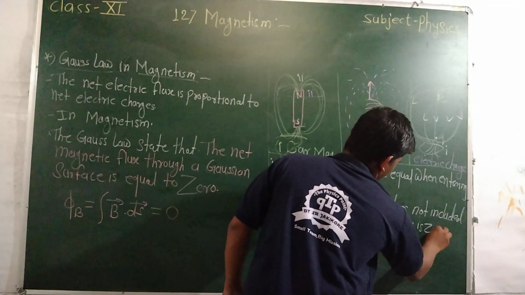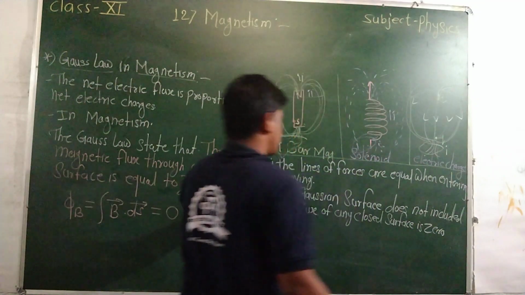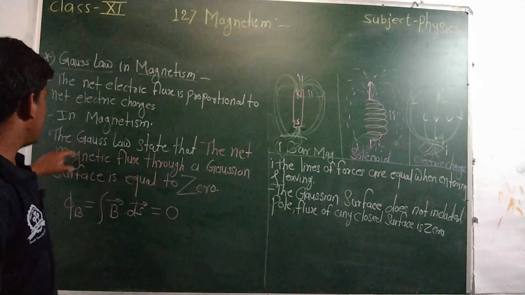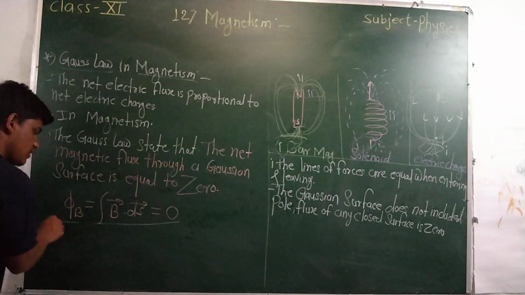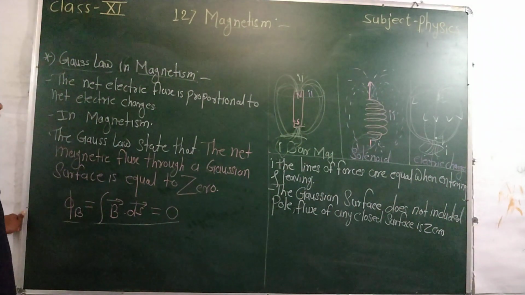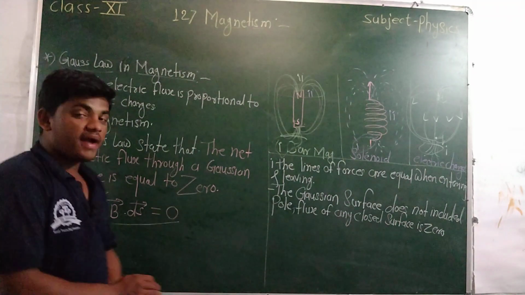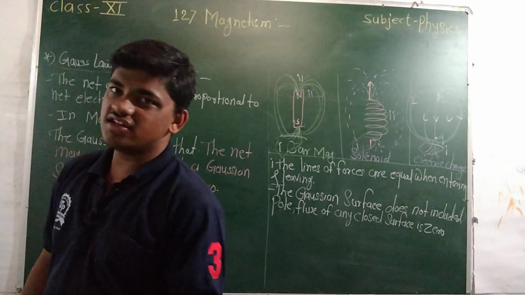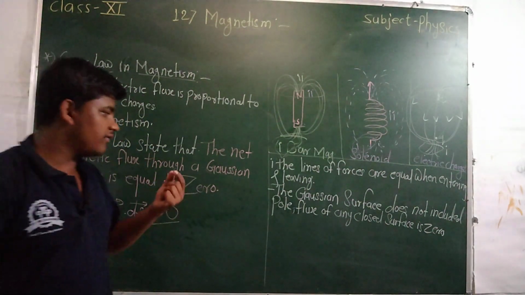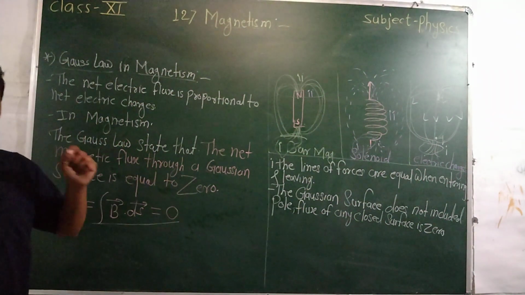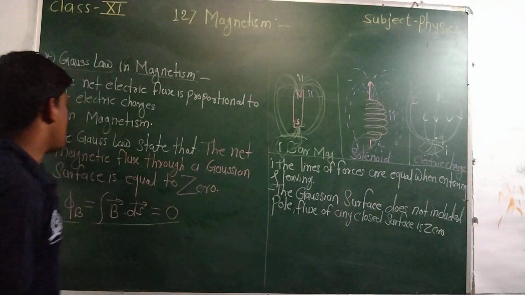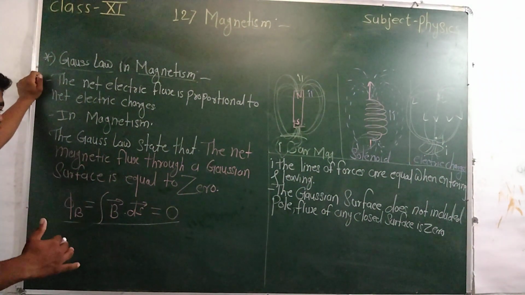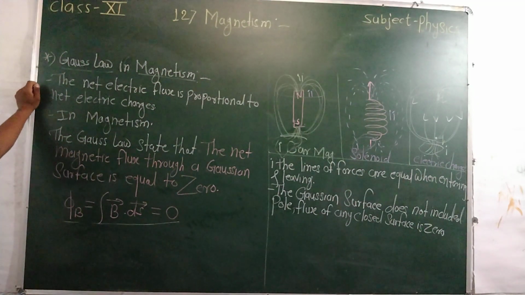This is just the explanation part. Once you read it, you can write it directly in the exam. This is the main purpose, the main Gauss law in magnetism: the net magnetic flux through a closed Gaussian surface is always zero. It gives 2 marks. Let's start a comparison between electric flux and magnetic flux, the Gauss law for electric flux and for magnetic flux.